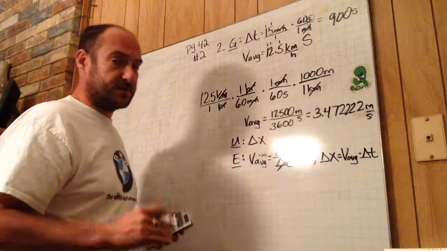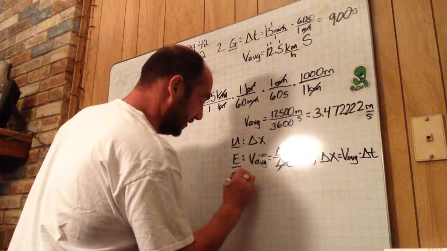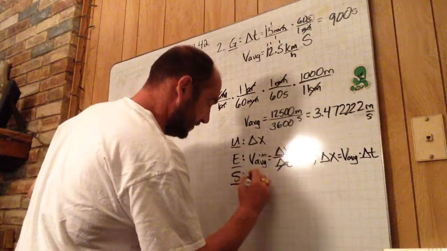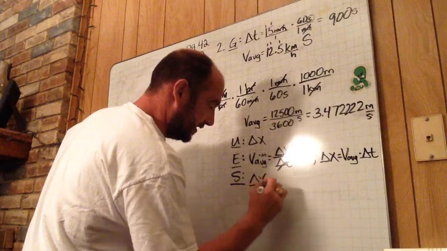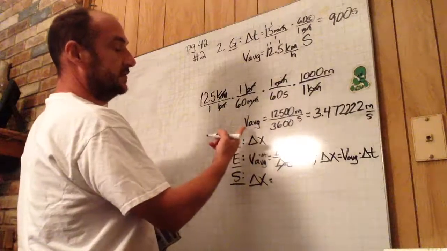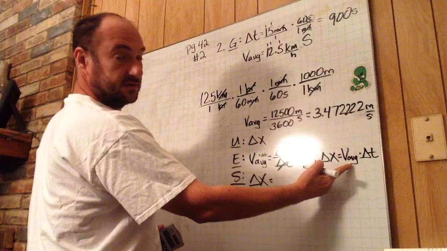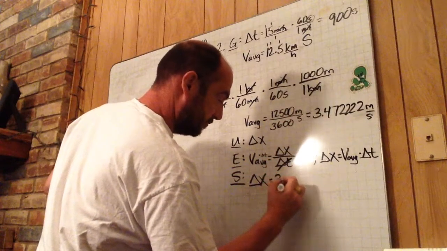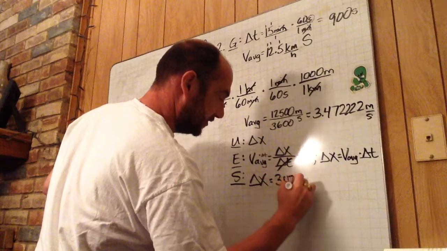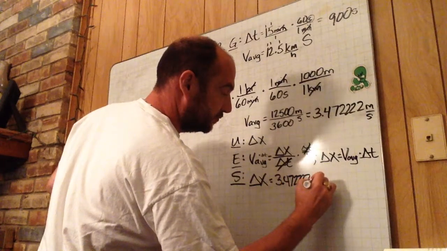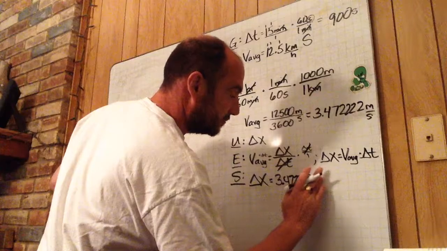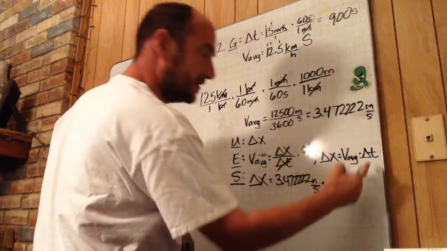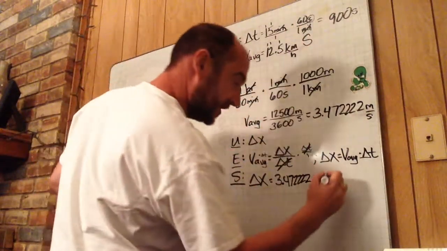Still on the board? Yep, still on the board. All right, so substitution steps are usually pretty long. We're going to first, S is substitution. We're looking for delta X, so delta X equals the average. This equation, the average is 3.47222 meters per second, times delta T, which delta T was 900 seconds.